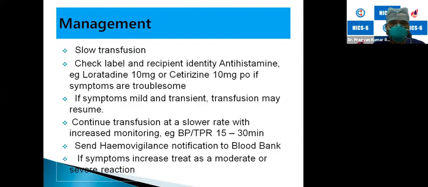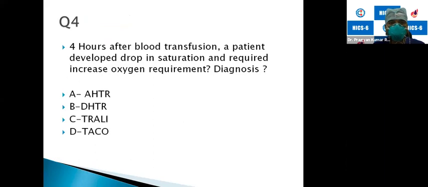Rather, I'll go to question number 4, which is a little bit tricky. 4 hours after blood transfusion, a patient develops a drop in saturation. There is no rigor here, no hypertension here, only oxygen drop, breathing difficulty, and drop in saturation. Here we have 4 choices, out of which, as Dr. Reshu told, choice C, TRALI, transfusion associated lung injury, and transfusion associated circulatory overload are 2 differential diagnoses over here.